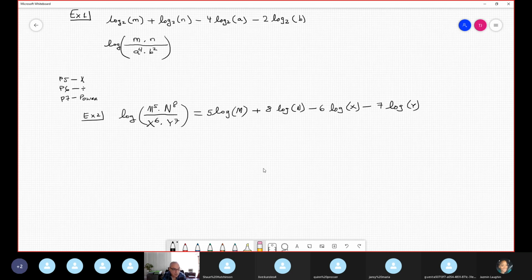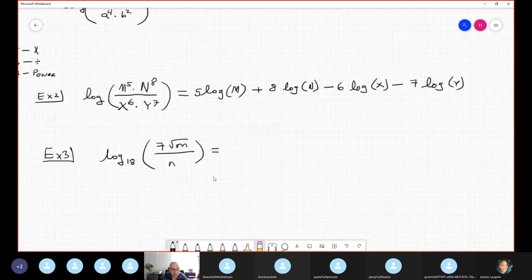Maybe it's interesting. Example 3. Logarithm base 18, non-standard, of 7 radical m divided by m. So I want, again, something similar to the expand, no? Actually, inside the parentheses, we have 1, 2, 3: 7, radical m, and m.